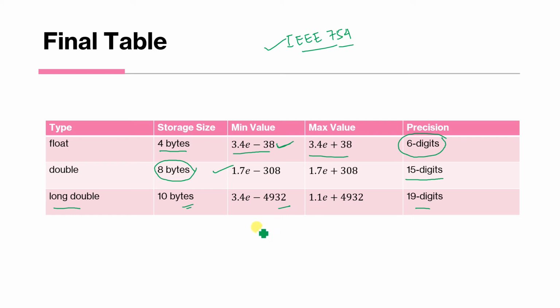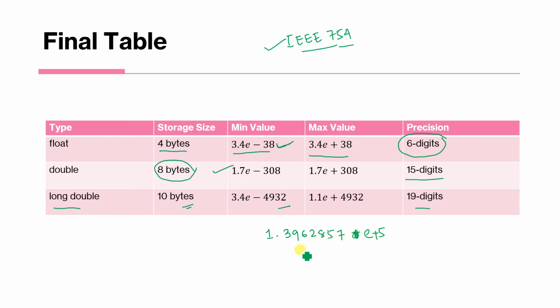For example, let's say I am taking a number 1.3962857, given in scientific notation as E plus 5. Suppose this is the number given: 1.3962857 E plus 5.